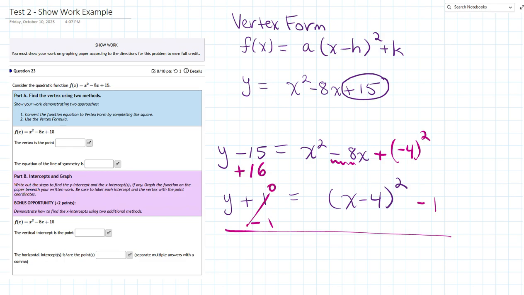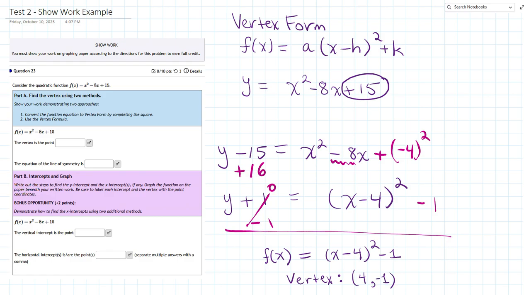So it zeroes out on the left. Then all I have is y, which I can rewrite as f of x. And then my function in vertex form is f of x equals x minus 4 quantity squared minus 1. So that means the vertex is 4 comma negative 1.